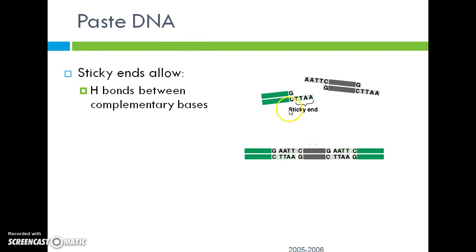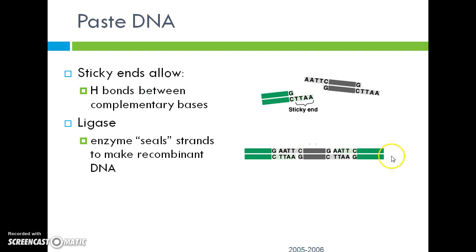We can see that if I have one piece of DNA cut with the restriction enzyme and I have a different piece of DNA from a different organism cut with the same restriction enzyme, the sticky ends are complementary. And so the T's and the A's are going to be attracted to each other, the A's and the T's will be attracted to each other, and they'll form hydrogen bonds. Once that happens, we create this recombinant DNA molecule. So it's a DNA molecule that has a new combination of genes because we've inserted a specific gene into it.